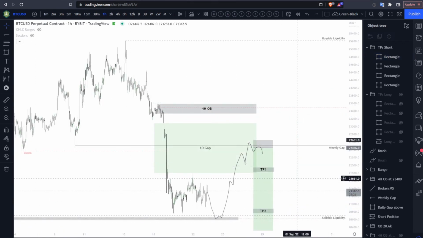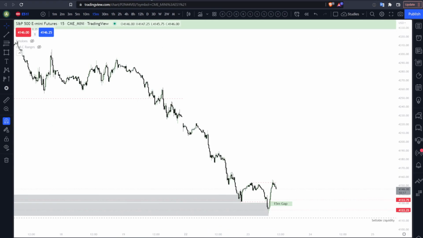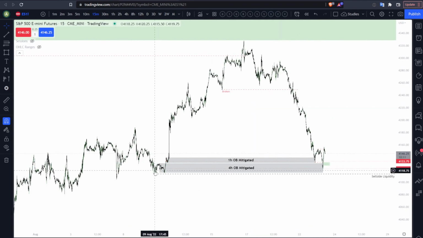Now, one additional point of information that I'm using to create this Bitcoin plan is the S&P index. On the S&P, we moved high, we've broken the market structure, and we already mitigated these two order blocks.